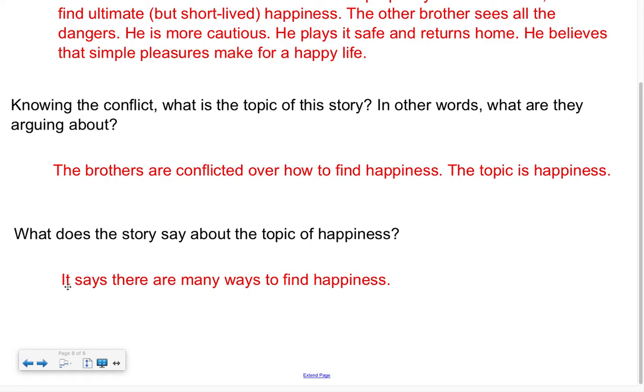And what he's saying is, there are many ways to find happiness. Within this story, there's two. You have ultimate happiness, you remember it for the rest of your life, but it's only short-lived.